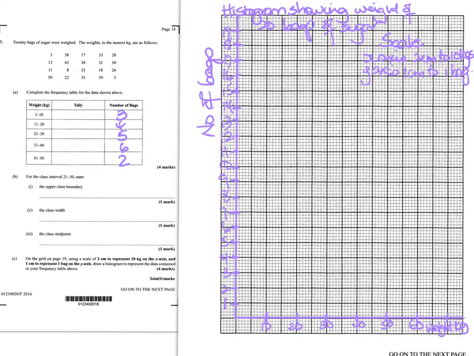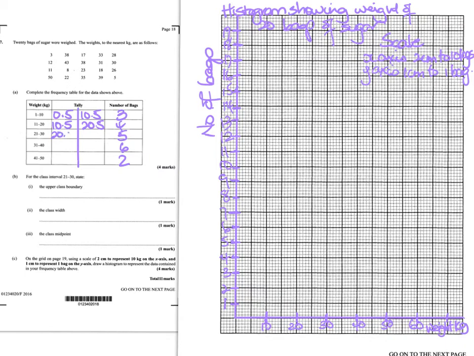Now to draw the histogram, we are going to plot the upper boundary and the lower boundary against the frequency. So the lower boundary for this one is 0.5 and the upper boundary is 10.5, because everything that is between 0.5 and 10.5 falls in that class. So the next will be 10.5 to 20.5.